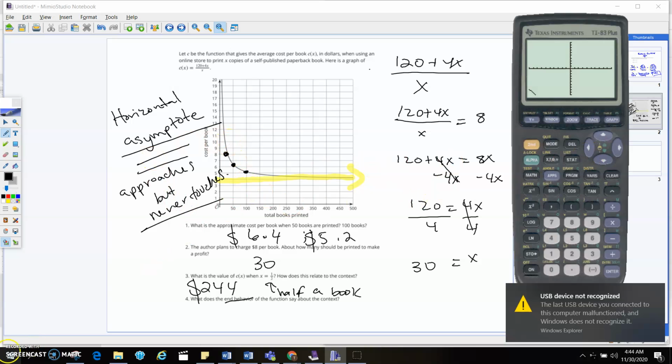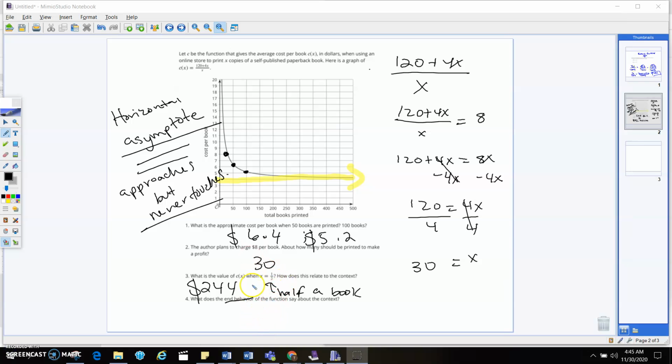So end behavior means that it's approaching a cost of $4 per book. As you print more books, you're going to reach an approximation of $4, or it's going to get really, really close to $4 per book. So we see how it's leveling out, and that's what's going to happen for our cost per book.